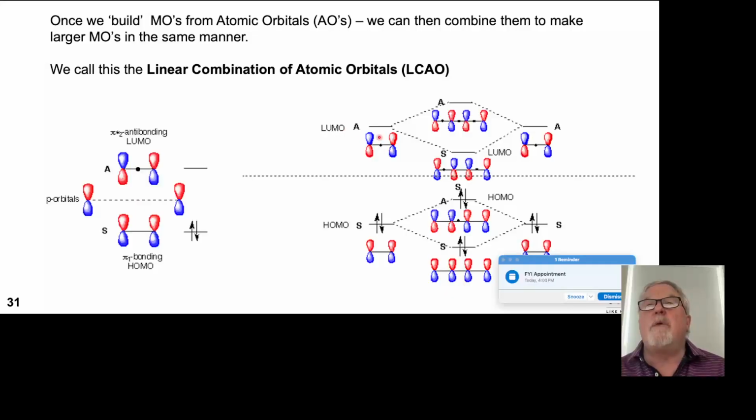We can also then combine these orbitals in a similar fashion to make two new orbitals. And now let's go across and notice that up here we have an anti-bonding interaction when we go from carbon 1 to carbon 2. From carbon 2 to carbon 3, we have a bonding interaction. And from carbon 3 to carbon 4, we have another anti-bonding interaction. So in this case, we have two anti-bonding interactions and one bonding interaction.